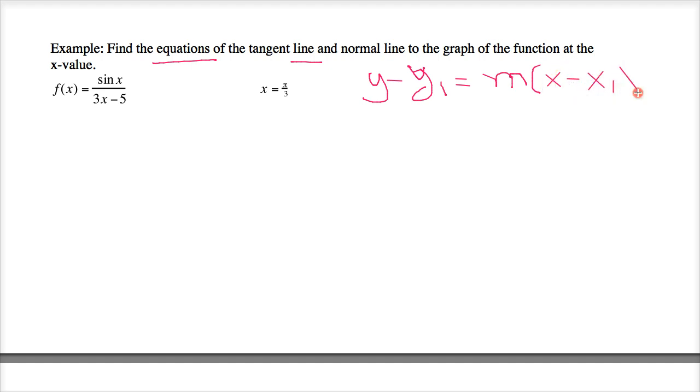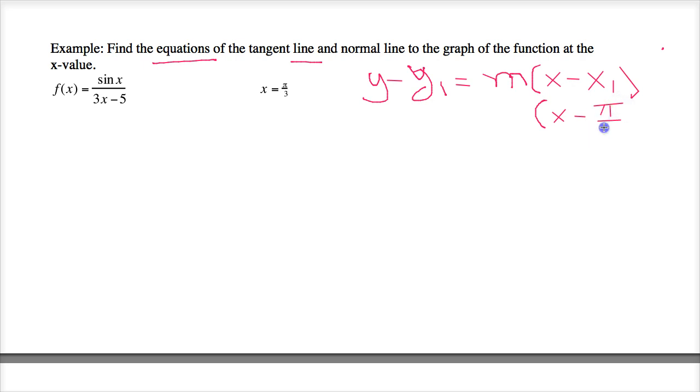And in point slope form, just as the form sounds like, all I want is a point, y1 and x1, and a slope, m. They always give you something first. In this case, they gave us pi over 3. So in this case, I will plug pi over 3 in here. Now I'm just missing two pieces, y1 and m.